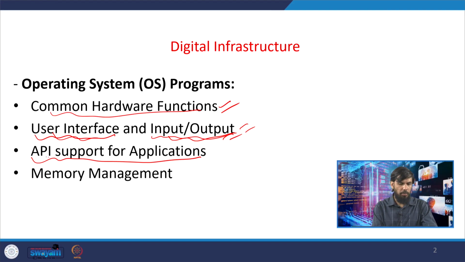So, operating system provides an application programming interface which software developers can use to develop their application, so that there is a smooth integration and smooth functioning between the application and the operating system. That kind of application programming interface, or software to software interface, is given by the operating system to the application developer community.